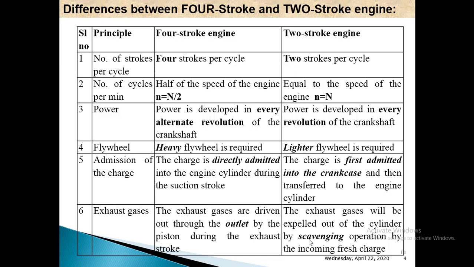It is a process in which the exhaust gases are removed from the engine cylinder by the incoming fresh charge. So that is what you can call scavenging. So in case of two-stroke engine, exhaust gases are expelled by scavenging operation, whereas here exhaust gases are driven out of the combustion chamber due to the piston movement. So this is one more difference between four-stroke and two-stroke engine.